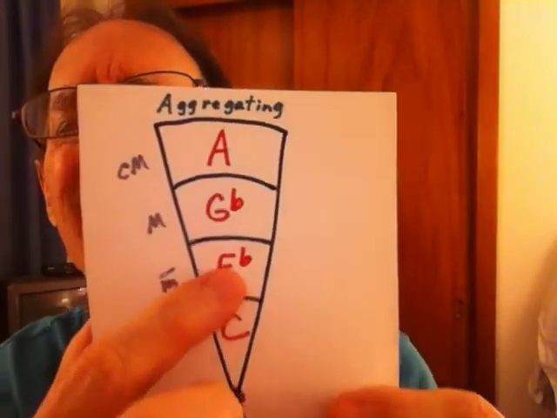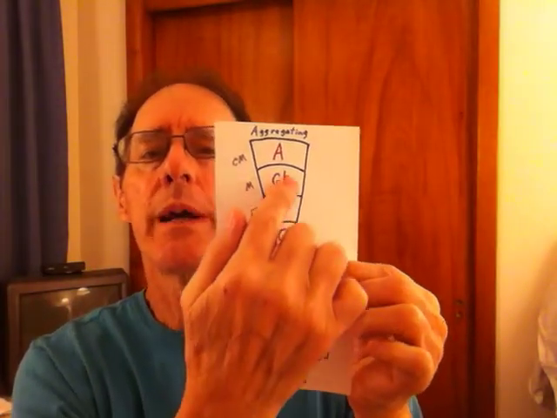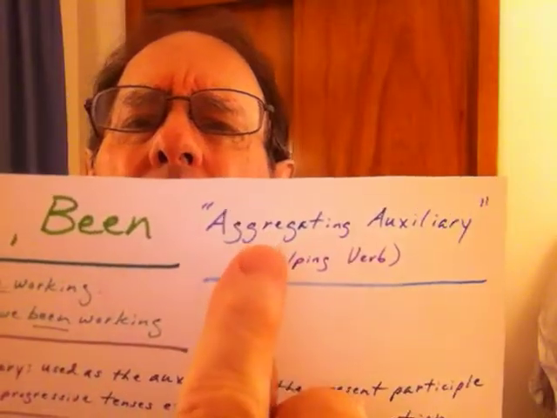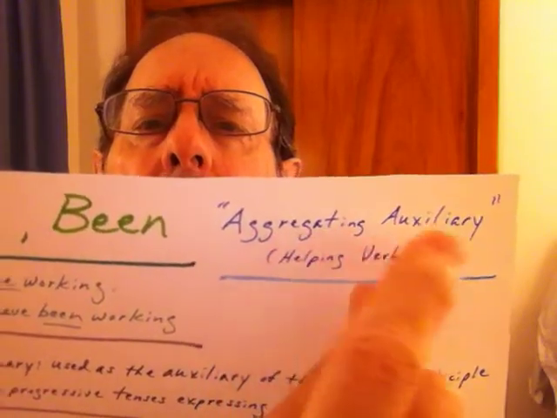That's on the other opposing slice on your amplified circle of fifths. So I took that concept of the aggregating part or the aggregating component and just transferred it over to grammar. So I now refer to be and been as your aggregating auxiliaries. In other words, they're still helping verbs, but I call them aggregating auxiliaries.